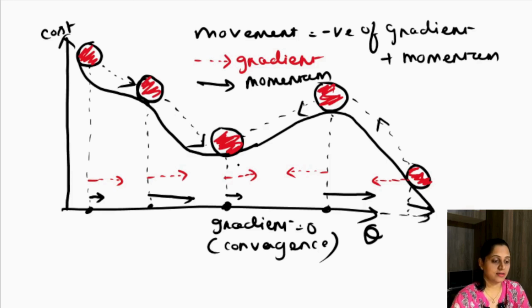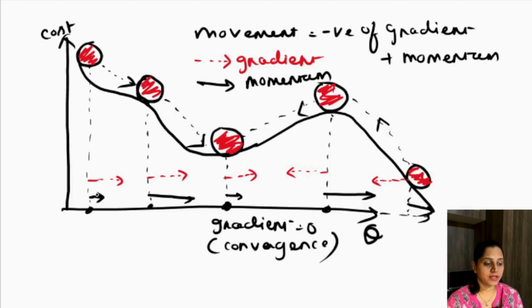That means here the convergence is happening. That means here my learning should be completed. Then again, it takes the speed, and like that it goes. It's not like it will always take a smooth surface. You can see that there are so many bumps and dips in this surface. However, in our normal gradient, you can see that the size of that arrow, which is an indicator of speed, is always the same.